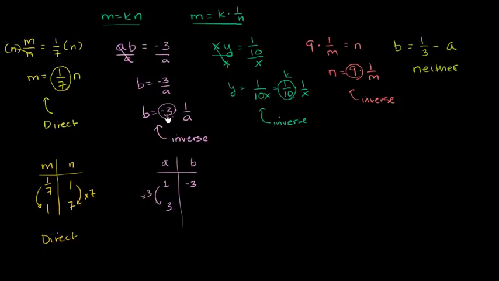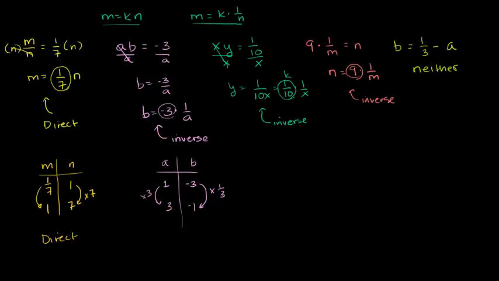We have 1 over 3 times -3. So now b is -1. Notice, we didn't multiply b times 3 here. We divided b by 3, or in other words, we multiplied by 1 over 3. So if you scale up a by 3, you're scaling down b by 3. So they're varying inversely.